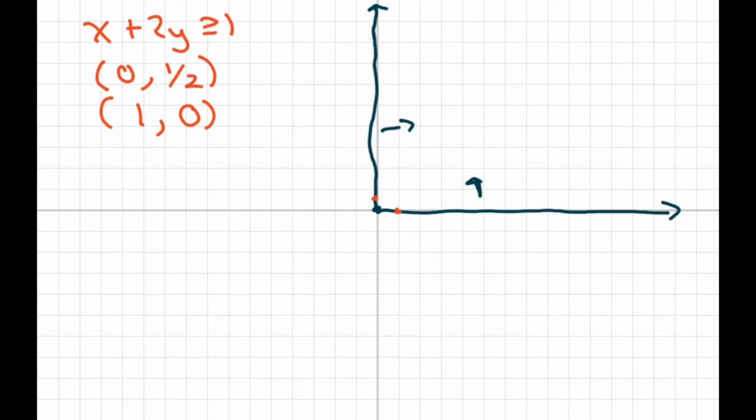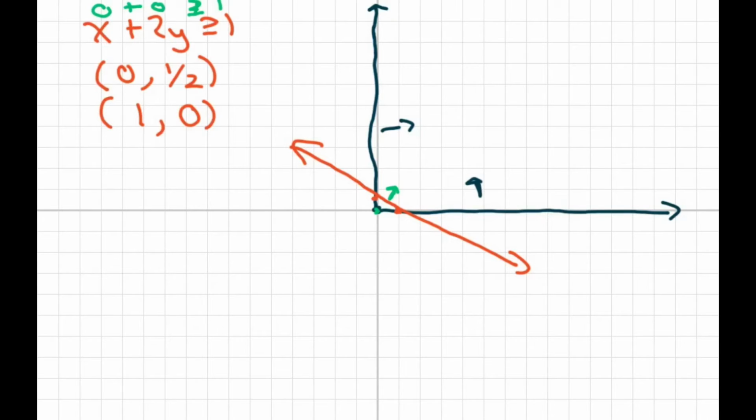So way down here, close to the origin. And it says it's greater than or equal to 1. So if I plug in 0, 0, that's not greater than or equal to 1. So therefore we're going to be shading up, away from our origin. So we're in this area so far.